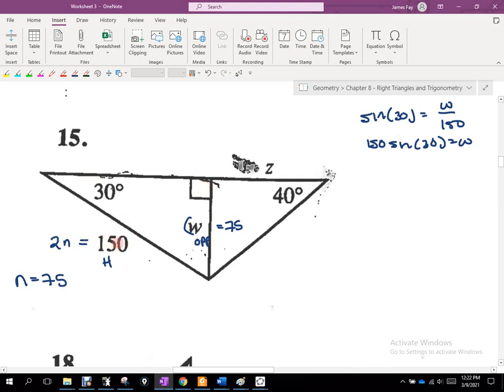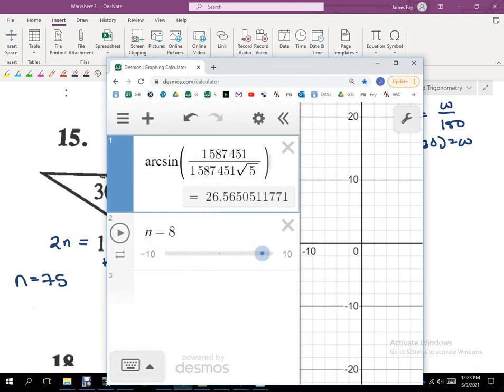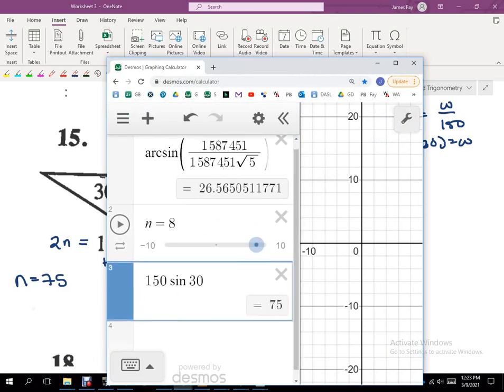If my hypotenuse is 2n, because it's 30, 60, 90, that gives me n to be 75, right? If we use Sohcahtoa instead, this side would be opposite, this side would be hypotenuse. So sine of 30 is equal to opposite over hypotenuse. Multiply by that LCD, which is 150 in this case. If I type 150 sine of 30 in my calculator, it still gives me 75, correct?